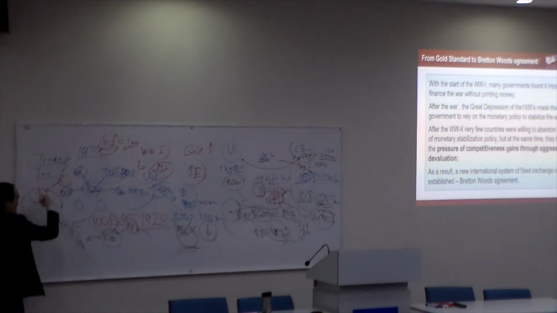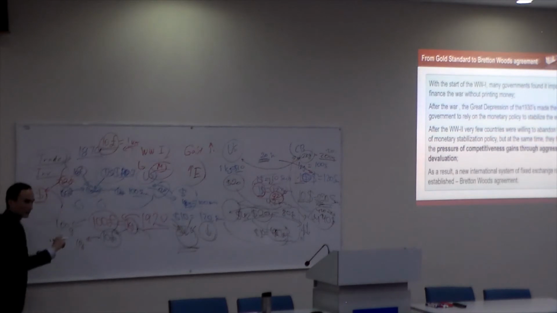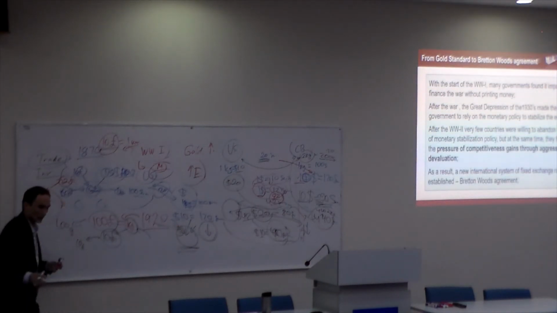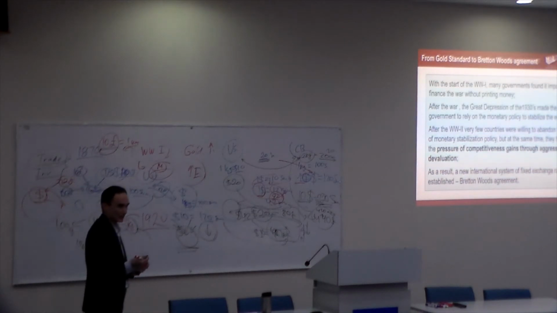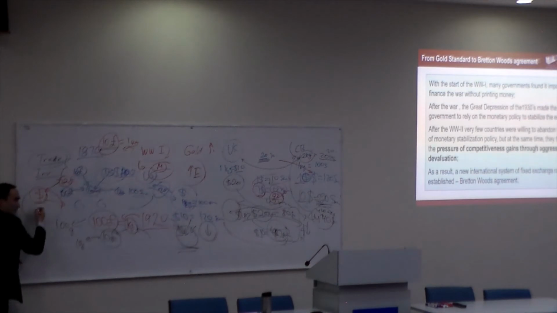Okay? So for example, two pounds per US dollar, or 5 German francs per dollar. So like this, they would peg, convertible. And at the same time, the US dollar has gold value. Yes?